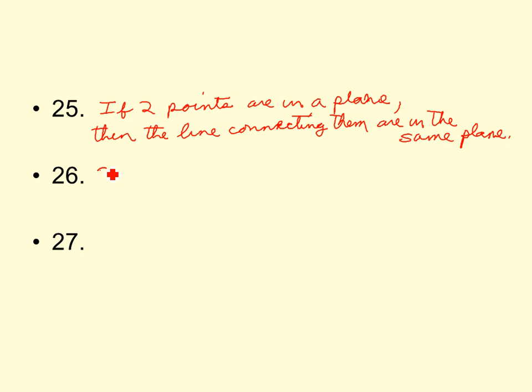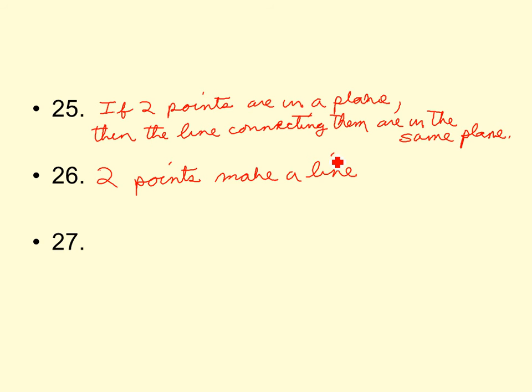Again, 2 points, the postulate tells us this. Any 2 points in the world, I don't even have to look at the picture. Any 2 points make a line. Any 2 points always make a line. 27, points X, Y, and points Y, D, and C are coplanar.